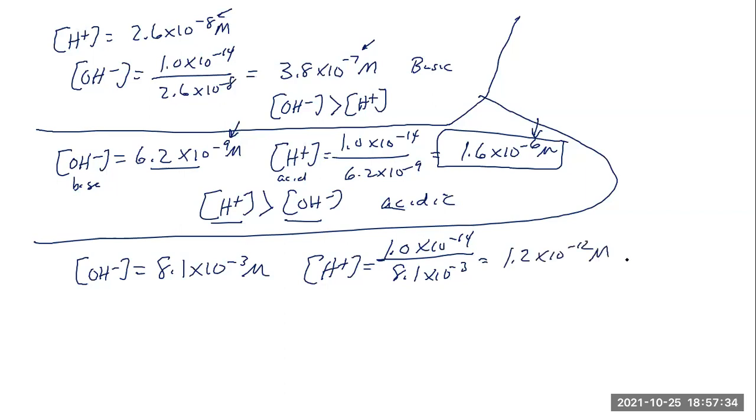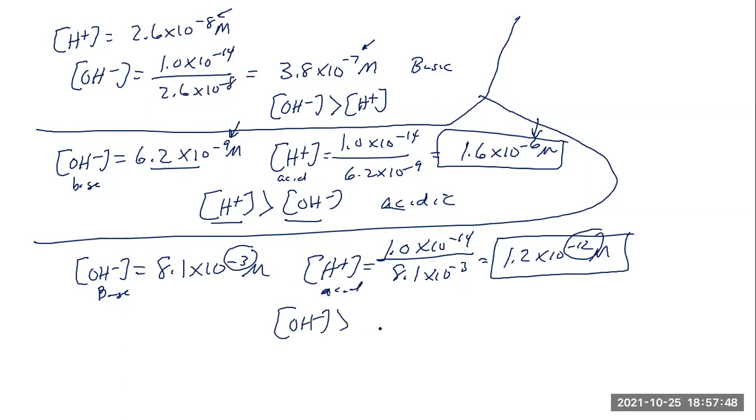Again, we do need molarity there as a unit. This is our acid part, this is our base part. The base is to the minus 3, the acid is to the minus 12. That means the OH minus concentration is larger than the H plus, which means this one should be basic. Any questions on any of those calculations?